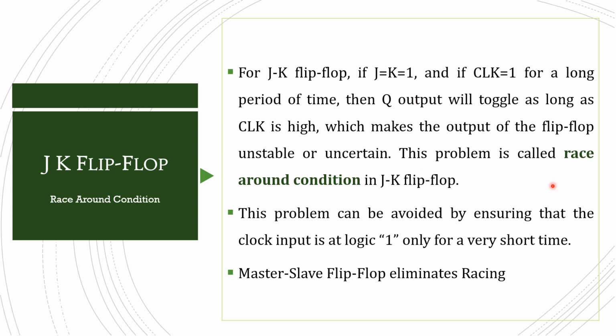This problem is called the race around condition in the JK flip-flop. It can be avoided by ensuring that the clock input is at logic 1 only for a very short time. The master-slave flip-flop eliminates this race around condition.